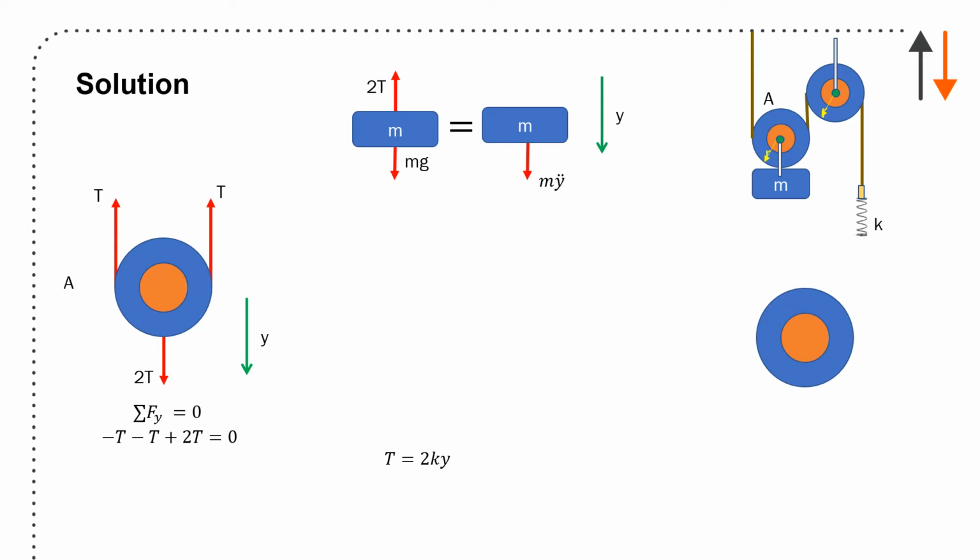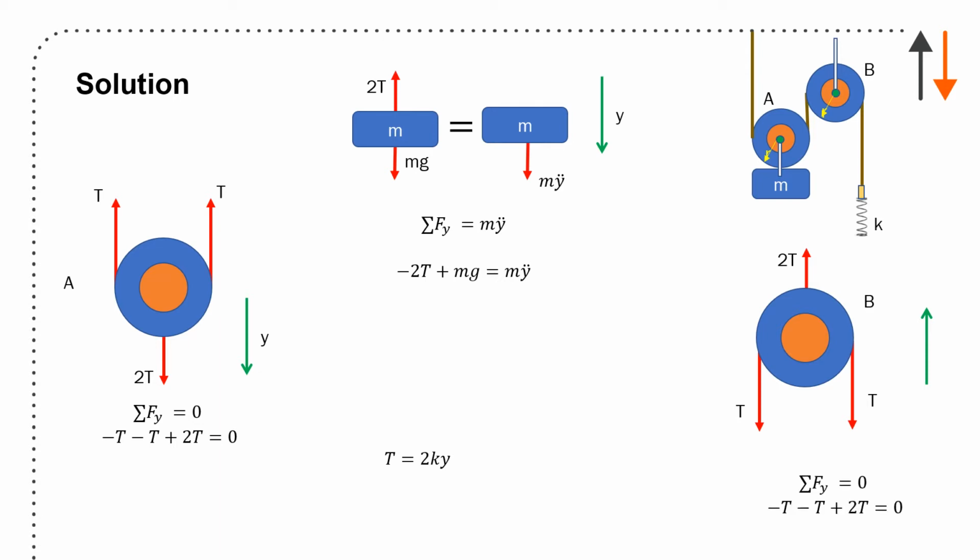Finally, I have the last pulley, pulley B, and there I'm going to have again 2t acting upwards, 2t acting downwards. And it's again 0, because pulley A and pulley B are massless.